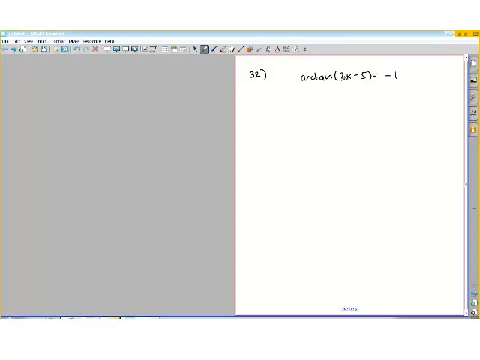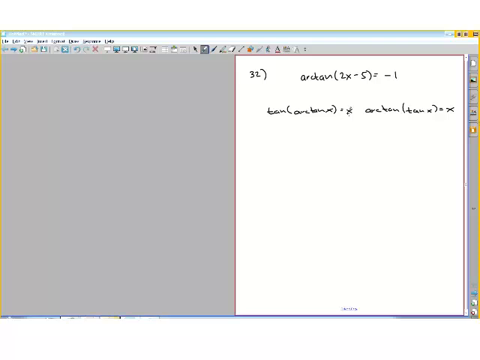To solve these equations where you have arctangent, you use the inverse properties of the tangent and the arctangent. So remember that the tangent of the arctangent of x is equal to x, and the arctangent of the tangent of x is equal to x.